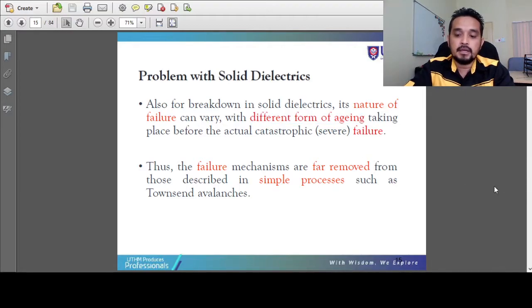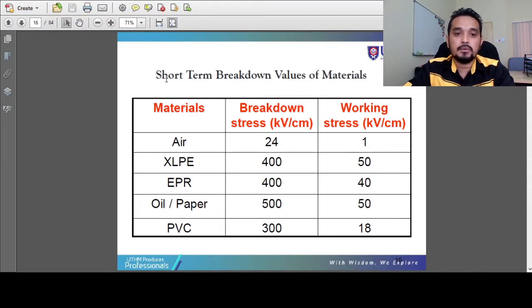Then, for example, we have the breakdown stress here, if you can see, and the working stress here. There are two different things. Working stress means the operation condition, and the breakdown stress is the maximum allowable field stress that is allowed for each type of insulator or dielectric material.